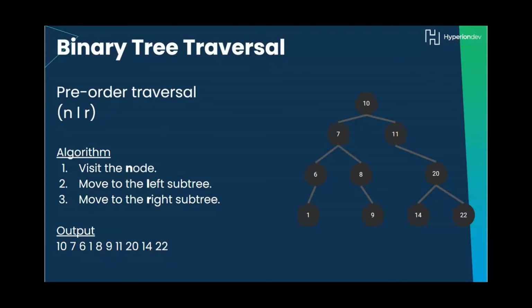6 would still have all of its instructions in there. The first thing being visit the node, so you can see in our output we have 6, and then we move to the left, which would go to 1. Now we're at 1, and we still have all of its rules.